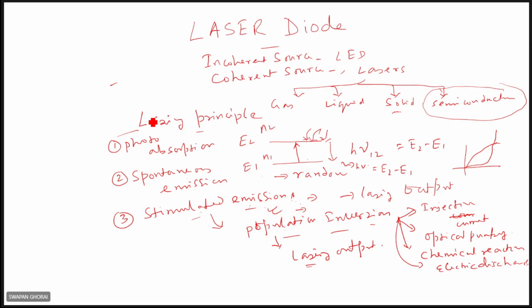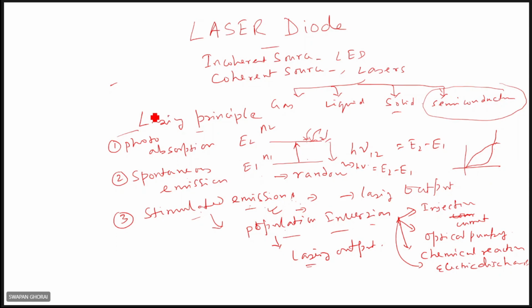Sources, as I told you initially, that can be used for fiber systems can be either coherent or incoherent sources. We have discussed several times that all natural sources are incoherent sources. LED is also an incoherent source, right? But this type of incoherent source cannot be used for single mode fiber. In single mode fiber, you need coherent sources like laser sources, because the single mode fiber dimension is very thin.